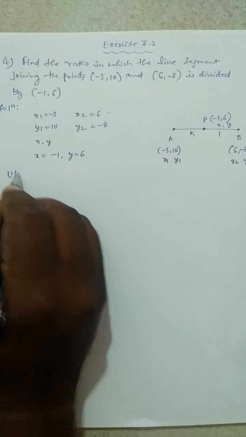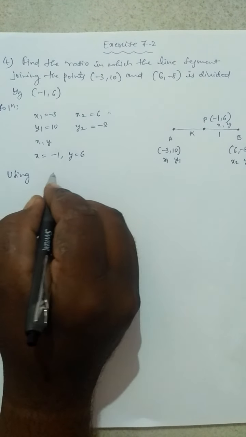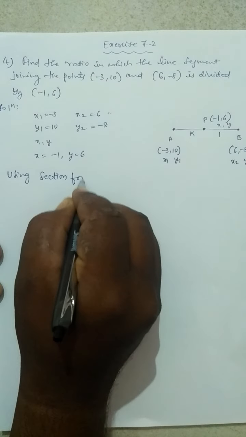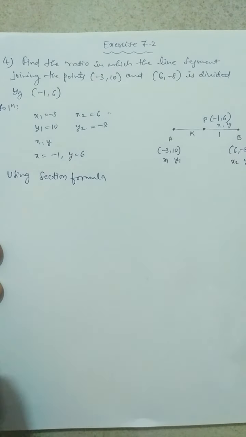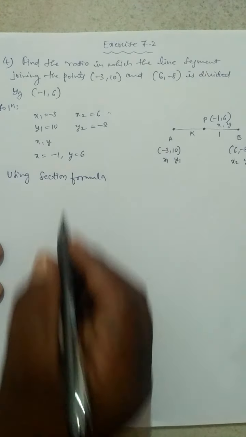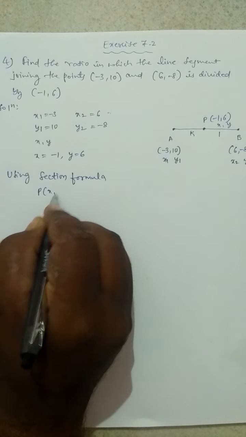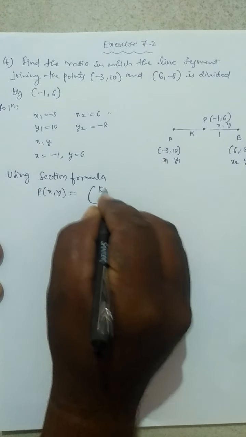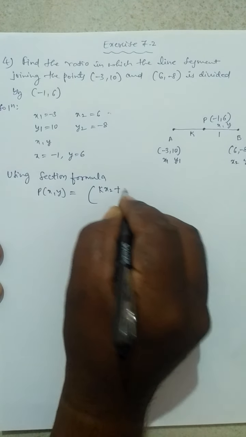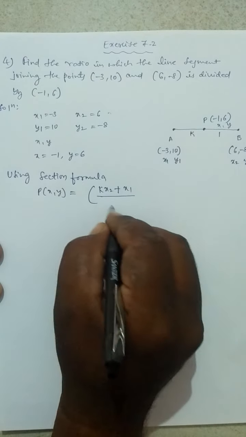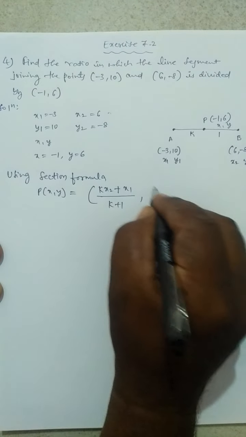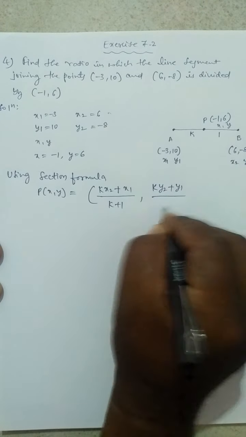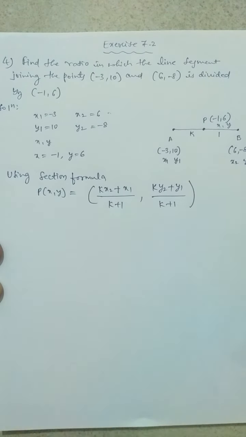Using the section formula, how do we express P(x, y)? That is equal to (kx2 + x1)/(k + 1), (ky2 + y1)/(k + 1), right?